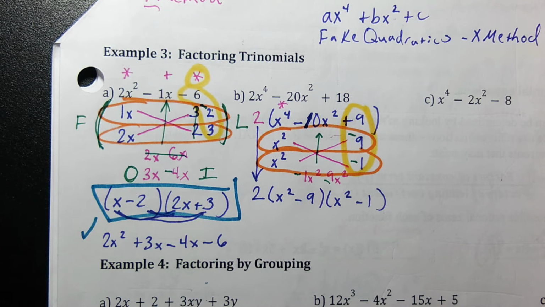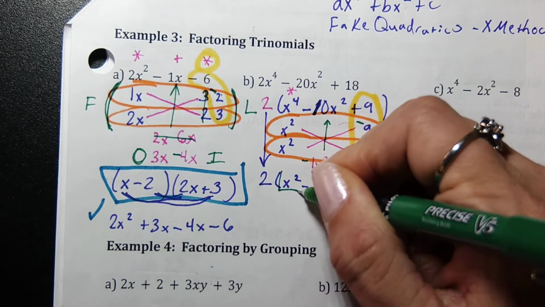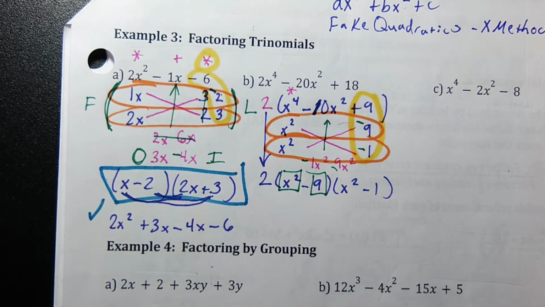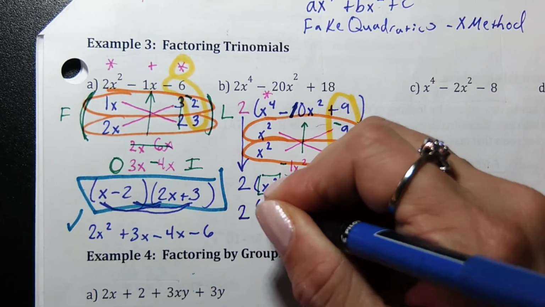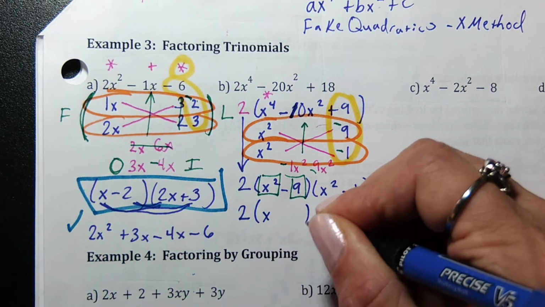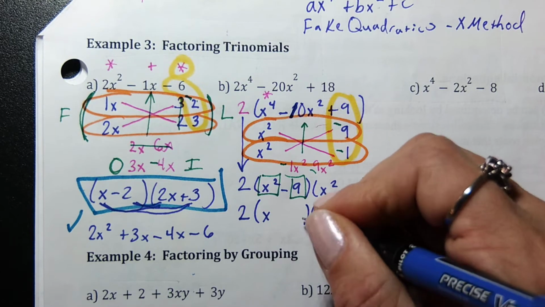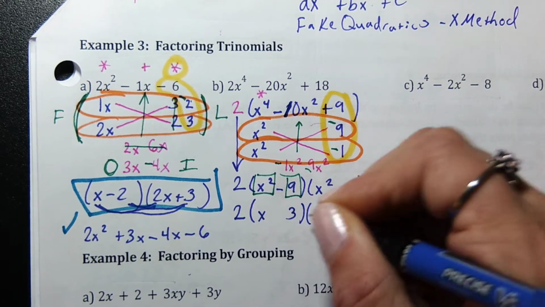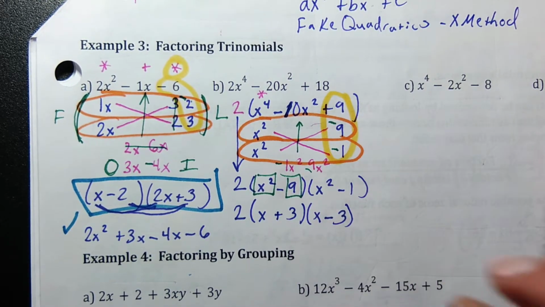They're both perfect squares. So, folks, this is actually difference of squares. So I'm going to have the 2 still. And then perfect square factors of x squared, x and x. Perfect square factors of 9, 3 and 3. One gets a plus and one gets a minus.